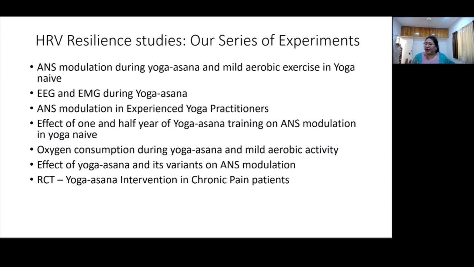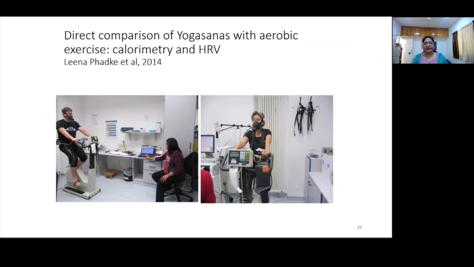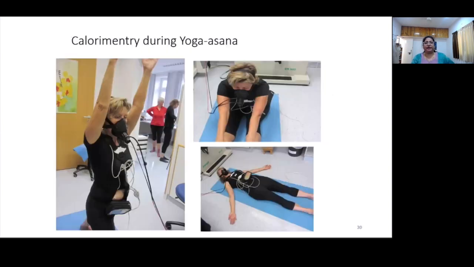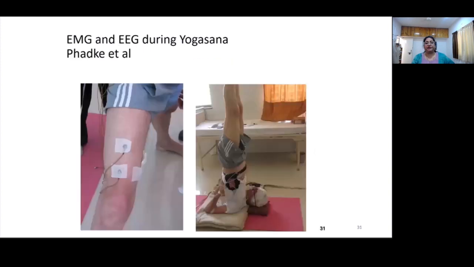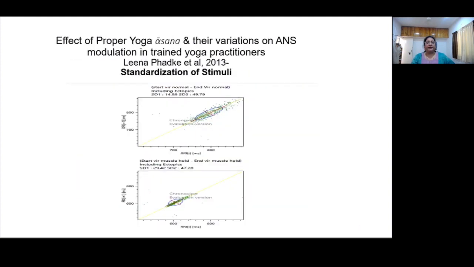Then, if you do the asana in a proper yogic way or in an exercise way, how the autonomic modulation differs. You can see here a lot of experiments that we have done, a direct comparison of yoga with aerobic exercise. The same person is doing yoga as well as exercise, and then we directly compared the autonomic modulation in these individuals. Whether you are doing yoga in a proper relaxed way or in an exercise way, the HRV differs in these groups.